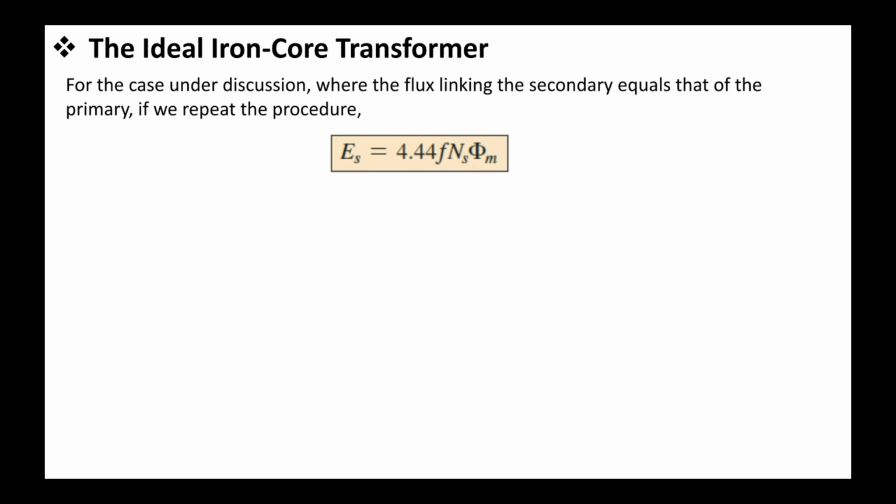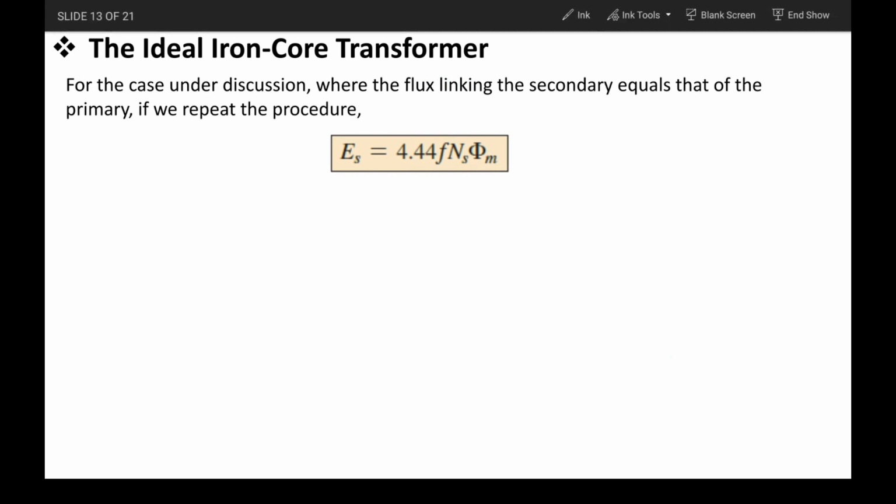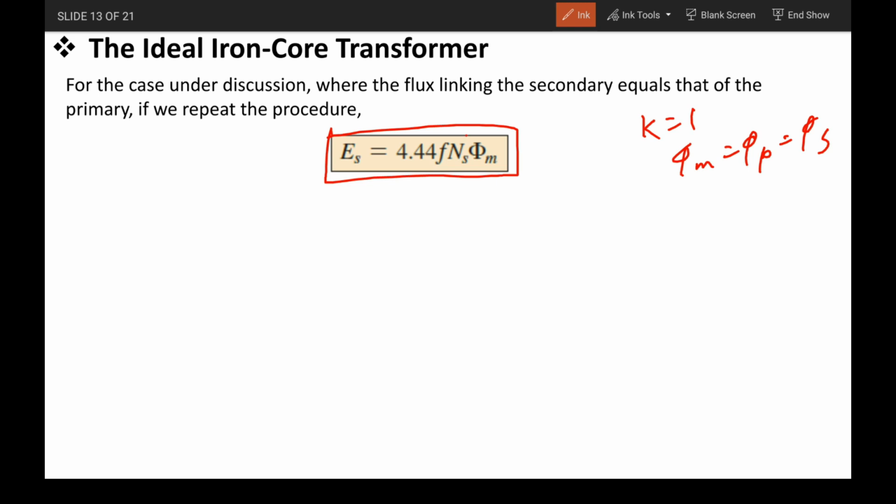Now for our ideal case, definitely all conditions are equal because we previously noted that k equals 1, then phi_m equals phi_p equals phi_s. That's why all the above derivation holds, and similarly we can get the voltage across the secondary, which is the same, but for this case the N should be N_s, and our flux should be the shared flux phi_m.